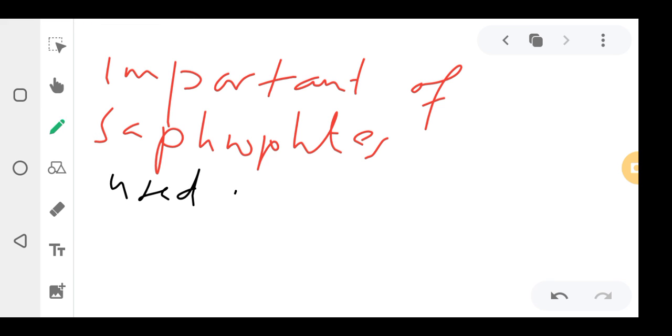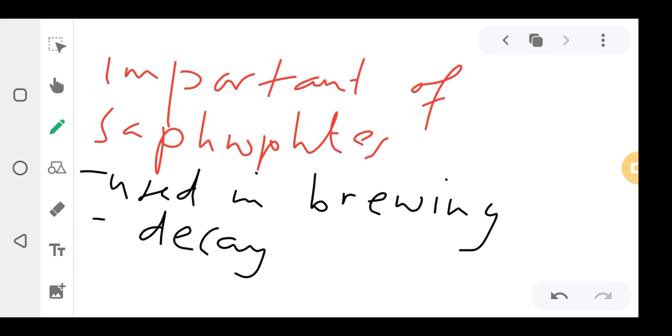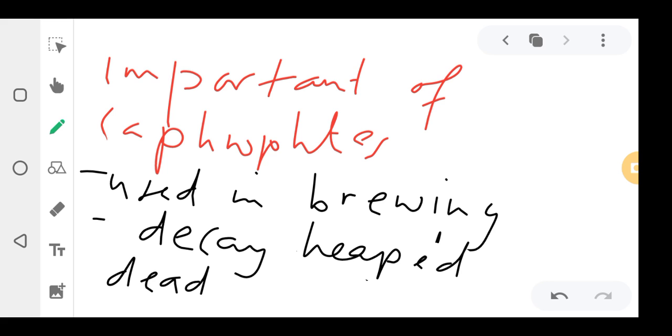They're used in brewing, and in decaying heaped dead organisms.